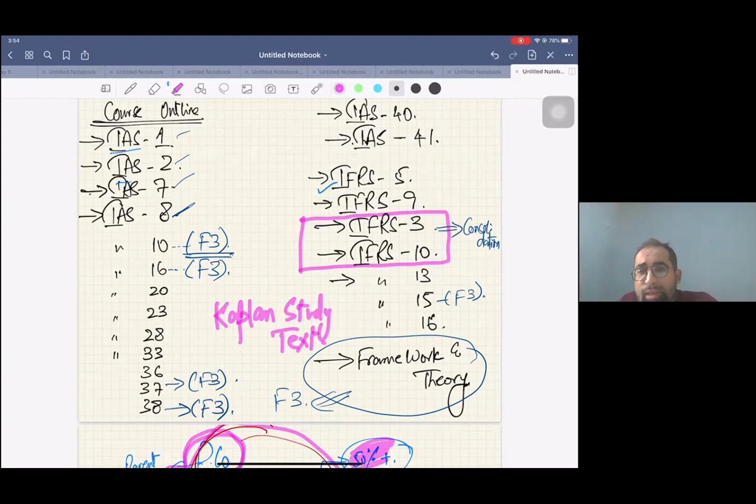So how will you do it? Let us say, first of all, I have taught IAS 33 to you guys. After the completion of IAS 33, you will contact our testing department. They will send you the test. You will solve that test and send it back to the testing department. They will give you feedback. So that means if there are 20 topics, 20 IAS, you will be tested 20 times, right?